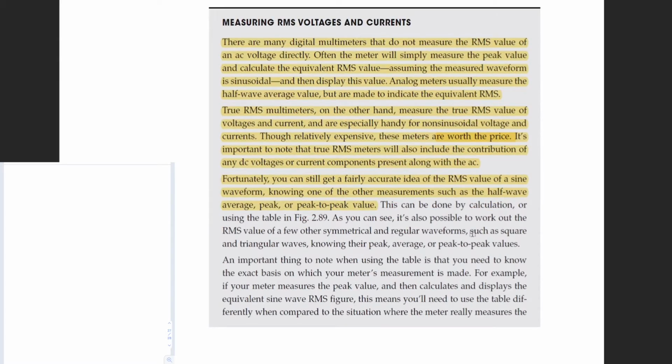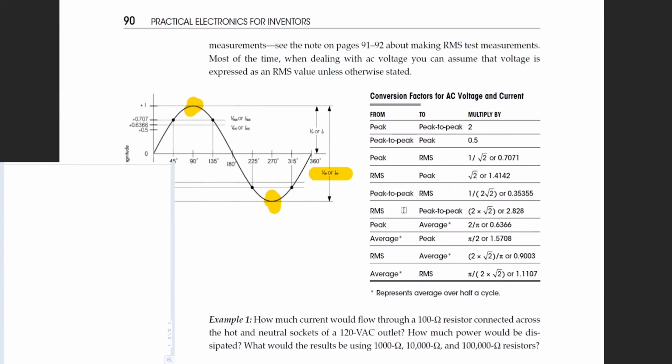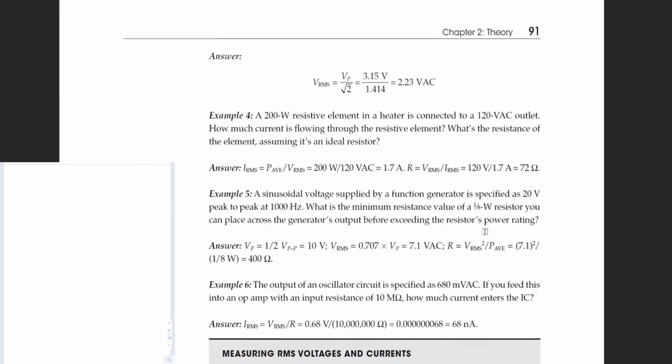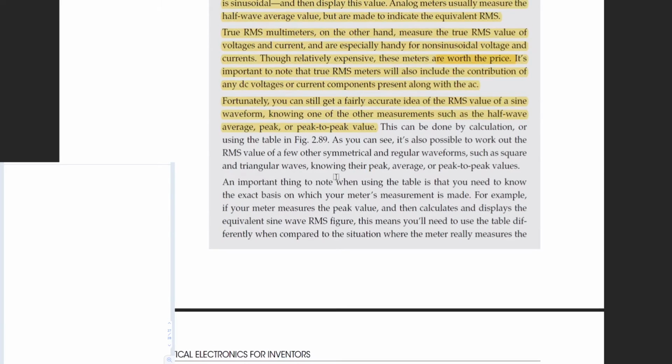This can be done by calculation or using the table in figure 2.89. Where's 2.89? Here. Half wave average. A half wave average is 1, so then it's 0.9, 0.6, 0.3. What? Okay, let's carry on reading because I don't understand what I'm looking at there.